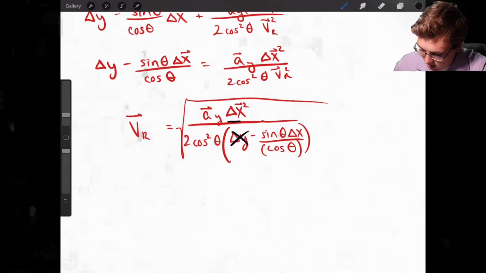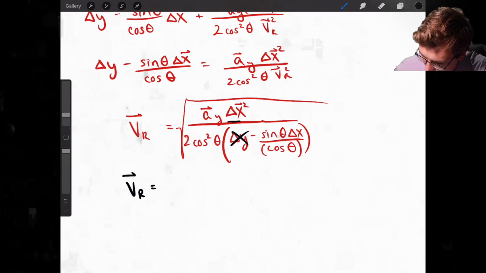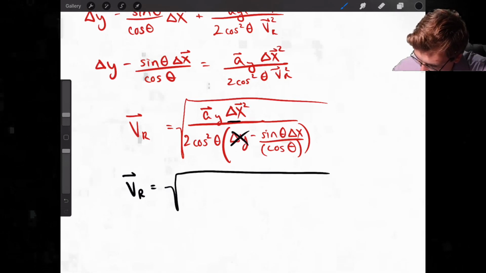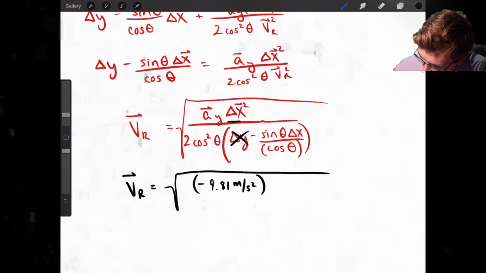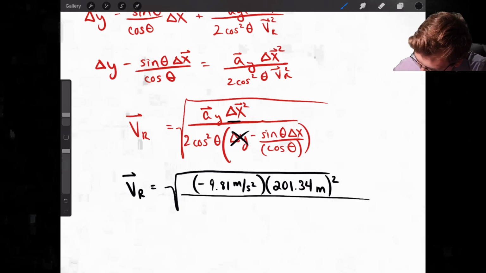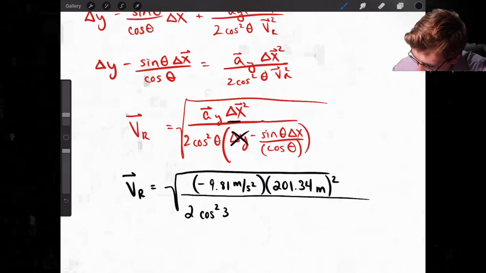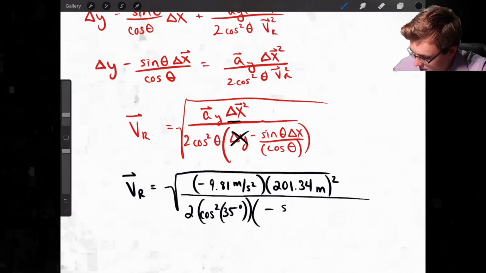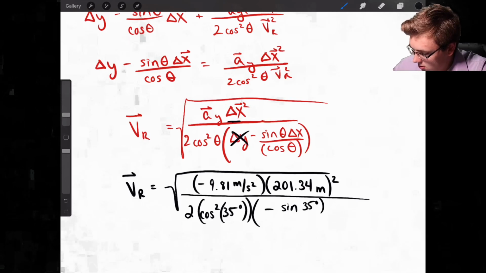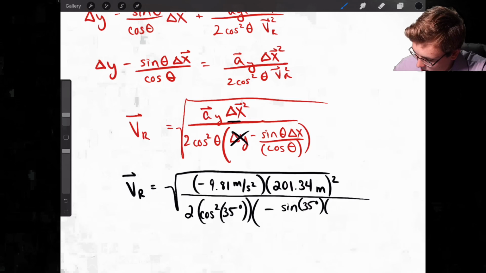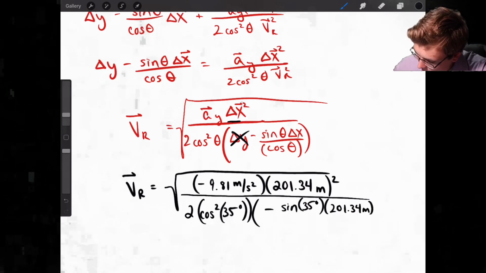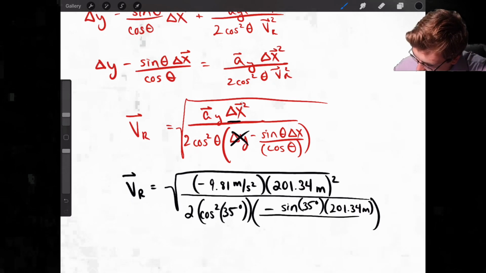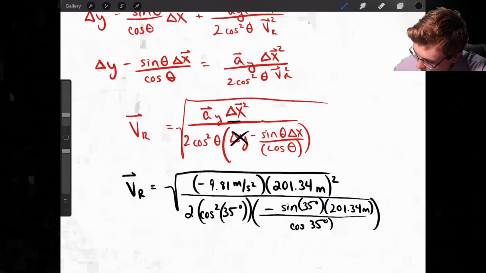If I plug all of this in here, I get v_R equal to the square root of negative 9.81 meters per second squared times 201.24 meters squared, over 2 cosine squared 35 degrees times, minus sine 35 degrees times our 201.24 meters divided by cosine of 35 degrees.